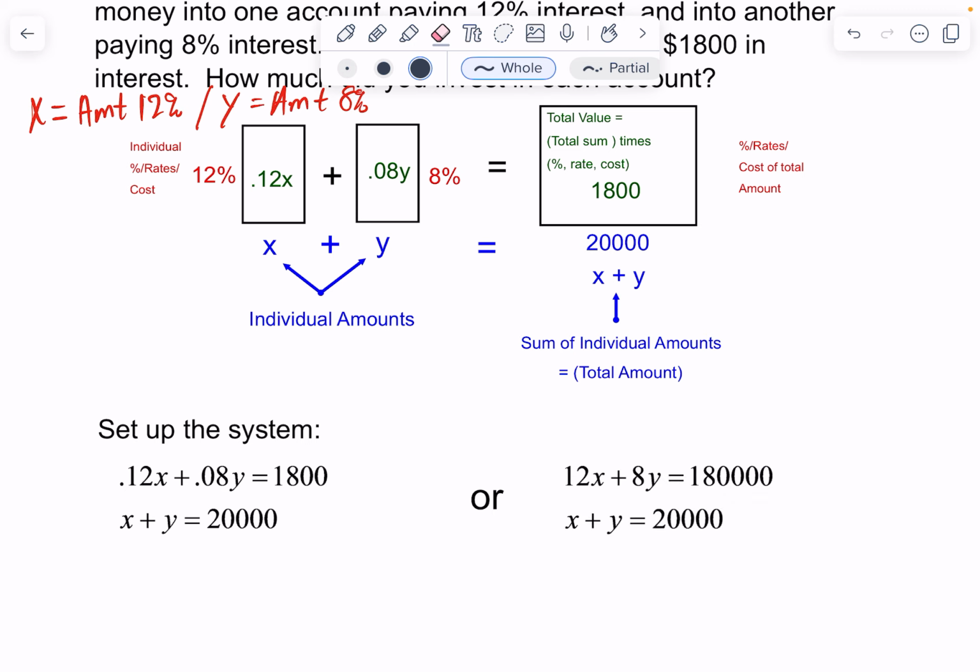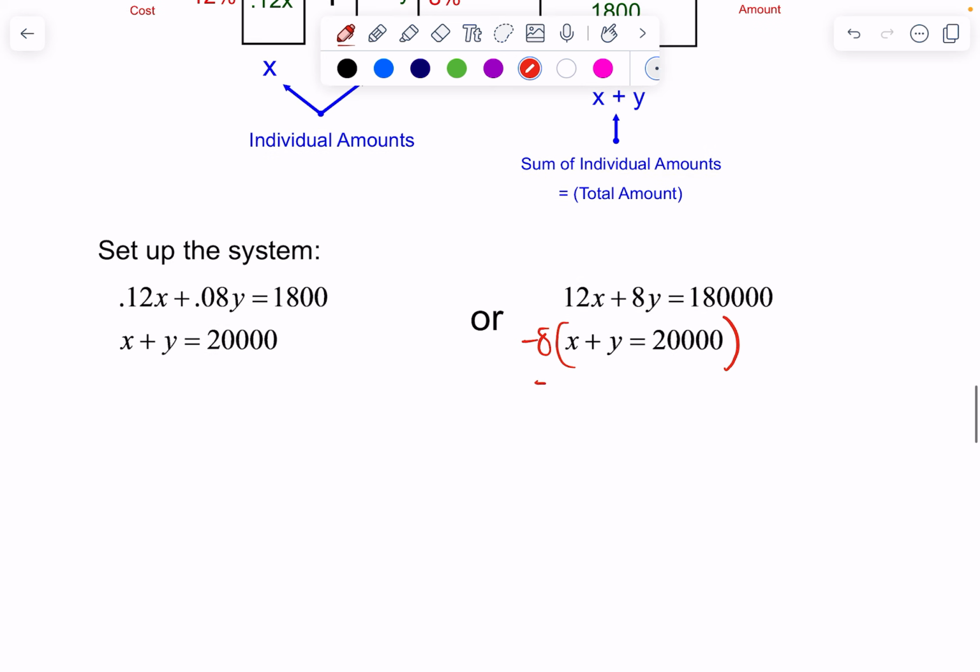Get rid of my decimals. And in this case, I'm going to cancel out the Y. So that will give me, okay, this has been distributed.